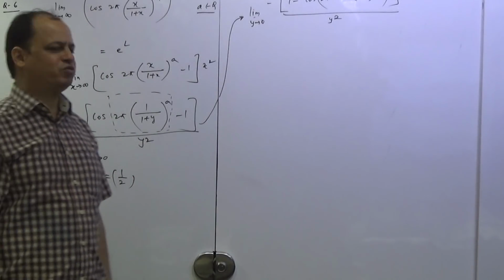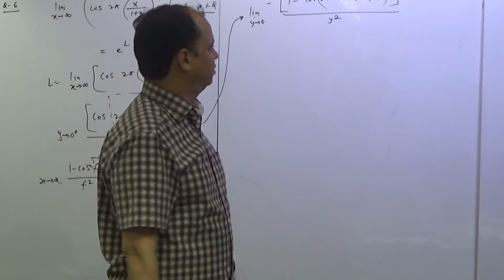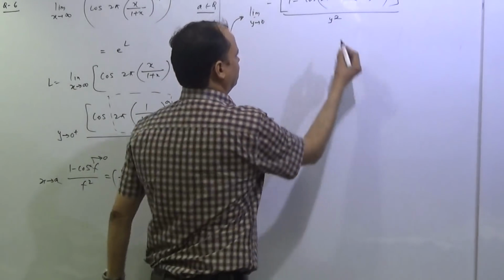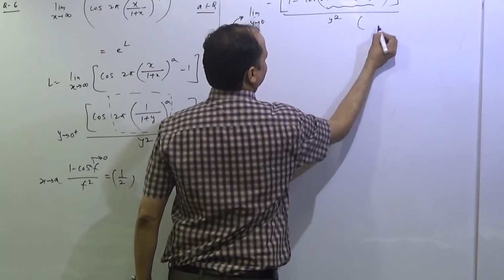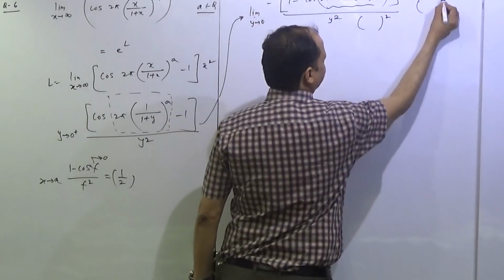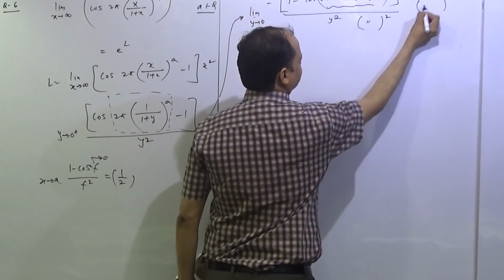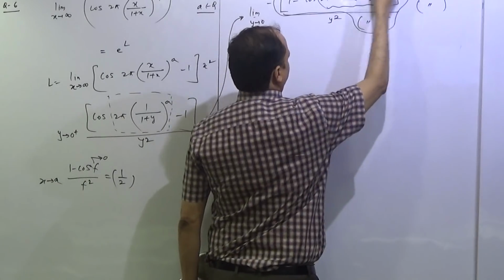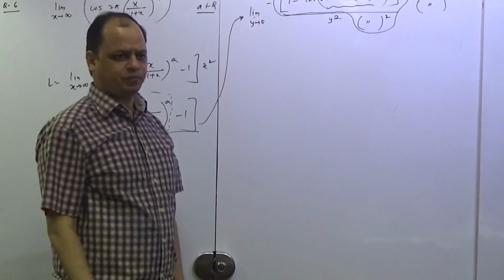Now can you suggest what to do? Sir, multiply and divide by the square of 2 pi minus that function. So I will be writing this part here and the same part here. This is the same part, and for this I would write 1 by 2.